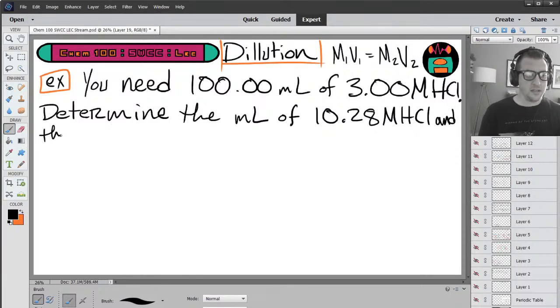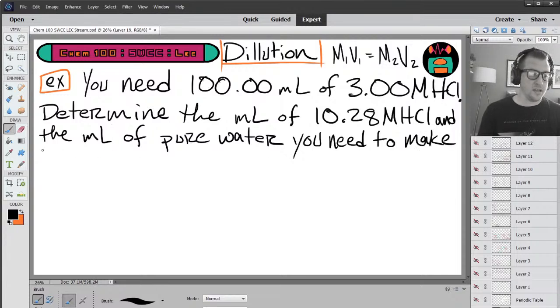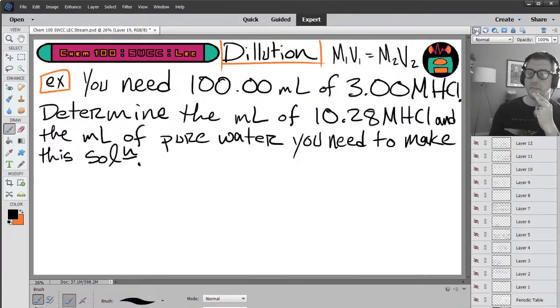And the milliliters of pure water you need to make this solution. All right. So we need to find two things actually in this problem. Let's write them down.